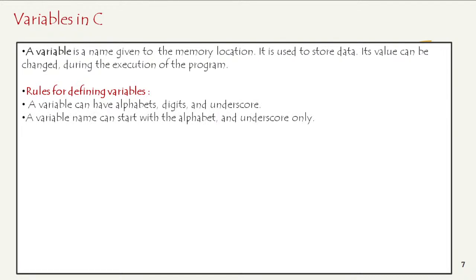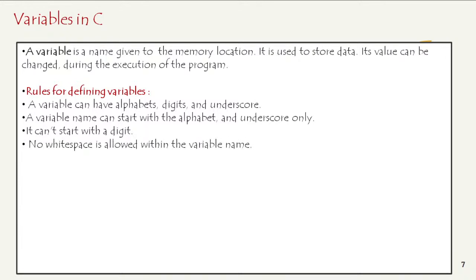And the second rule is, a variable name can start with an alphabet or else with an underscore only. It is good usage to always start a variable name with an alphabet. And it cannot start with digits. So we cannot start a variable name with numbers. We always start a variable name either with an alphabet or an underscore symbol.